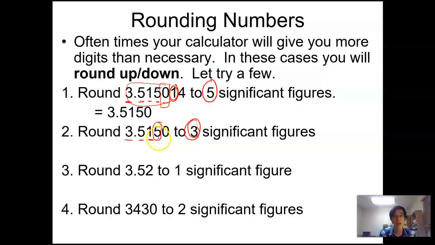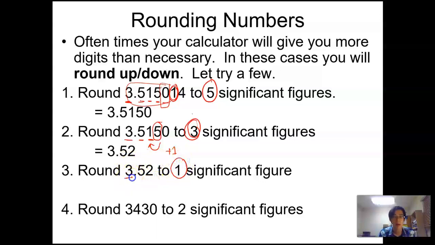So since it is a number that is 5 or greater, I'm going to move this up plus 1, okay? Because any number that is 5 or greater is going to round up the next number by 1. So I should get 3.52.